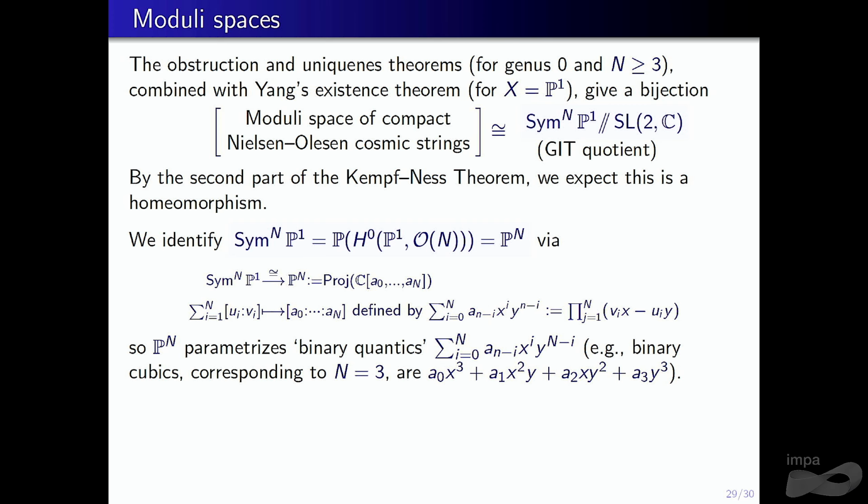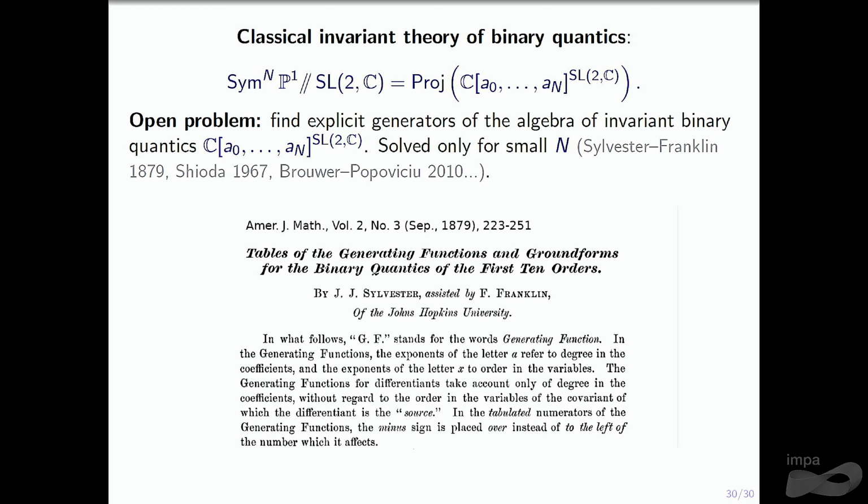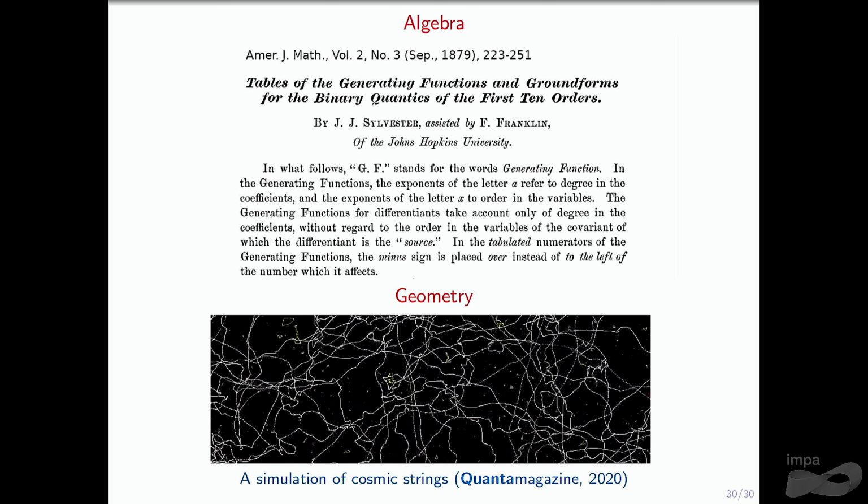This is a very classical problem from the 19th century, and there was a lot of work in that century by Sylvester and other people. So we kind of link our problem to this. We were very happy: finally, the moduli space is the moduli of binary quintics. So we have algebra and geometry, and that's what I wanted in this. So thank you.